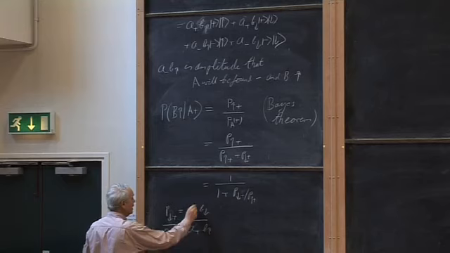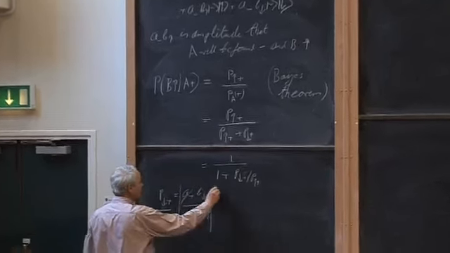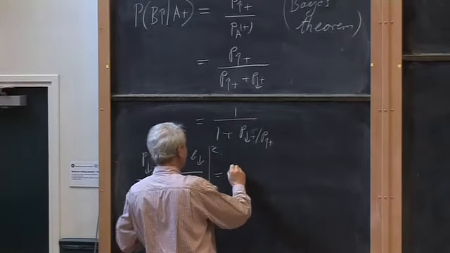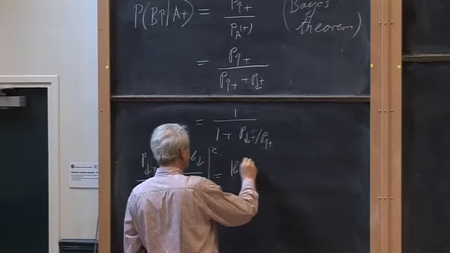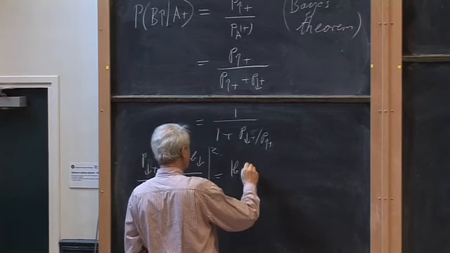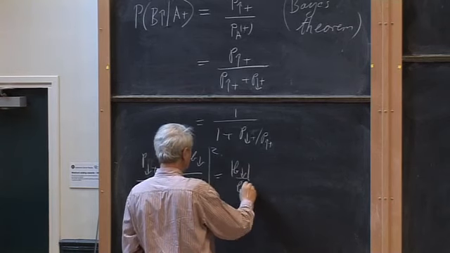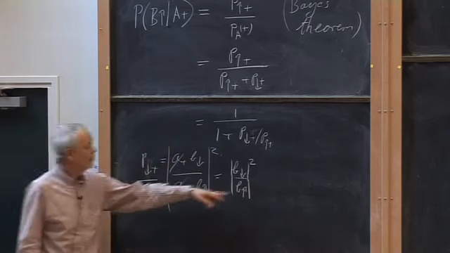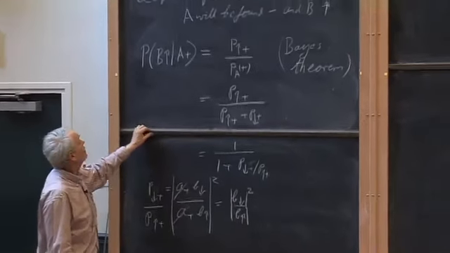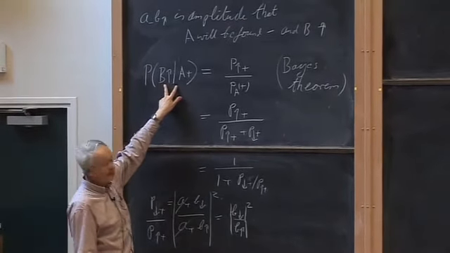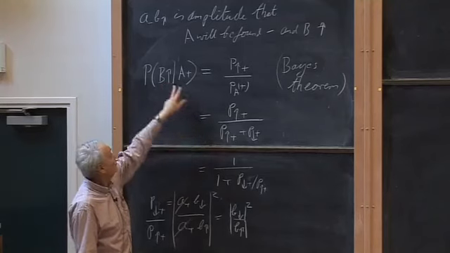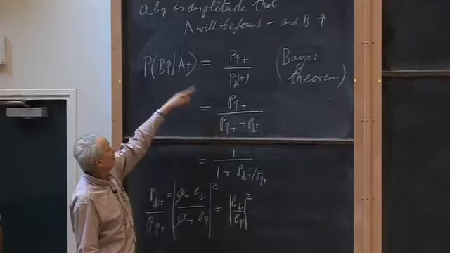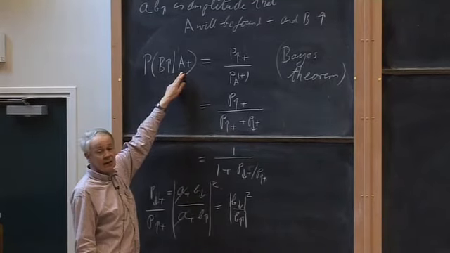So these A pluses cancel. Oh, well, we need to take the mod square of this whole thing, of course. But the crucial thing is those things cancel, so this ratio is equal to B down over B up. So what's the point? The point is that this probability is actually, we've just shown, independent of A plus and A minus. So this probability does not depend on the state of A.